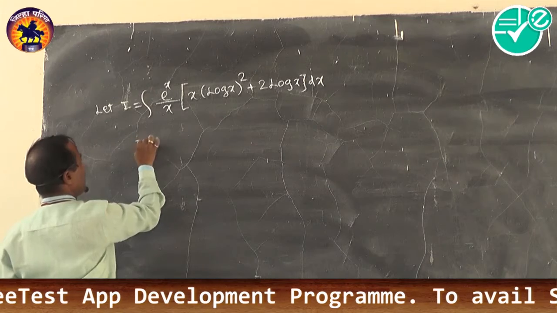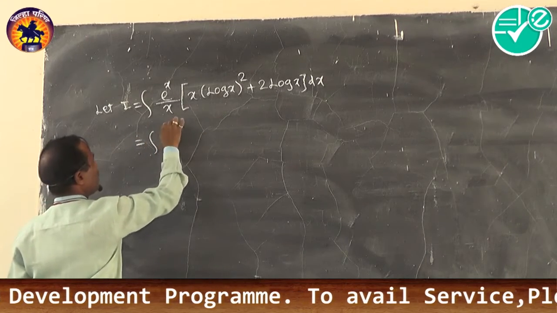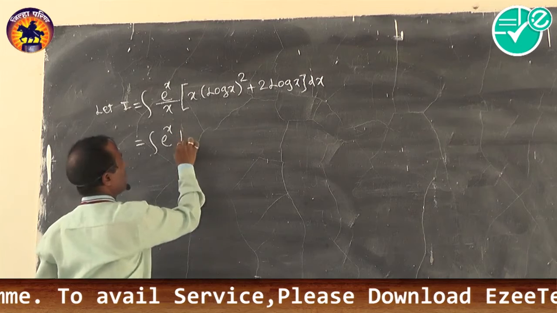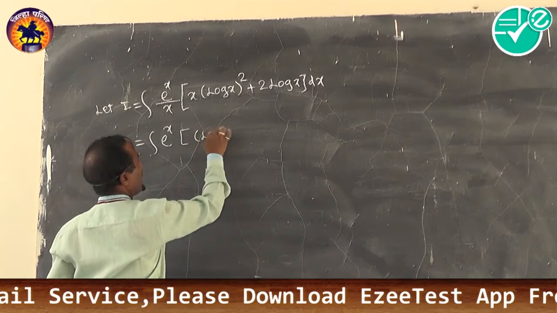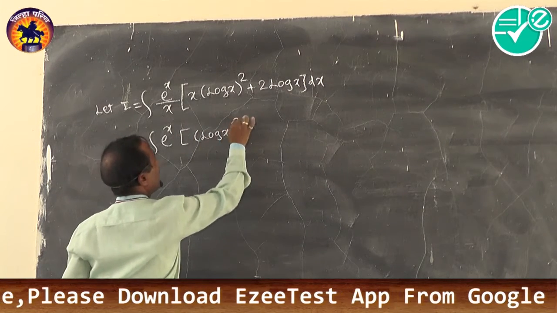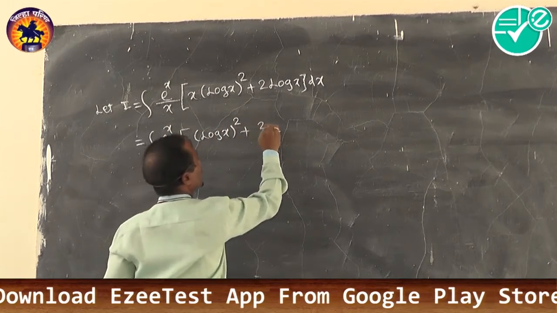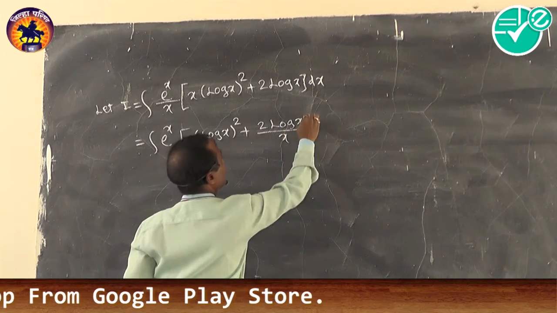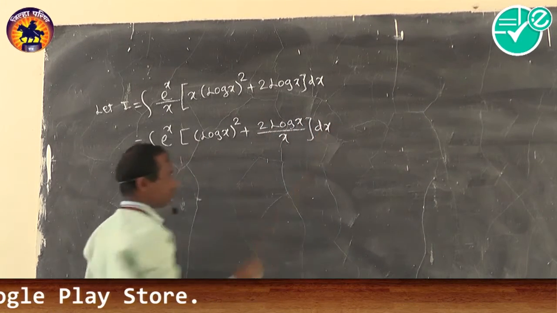Now this can be written as integral of e to the power x, multiplied by 1 by x into (log x) whole square plus 2 log x, dx.